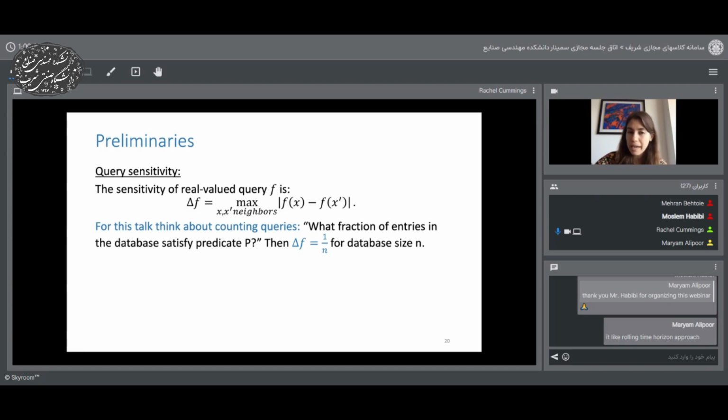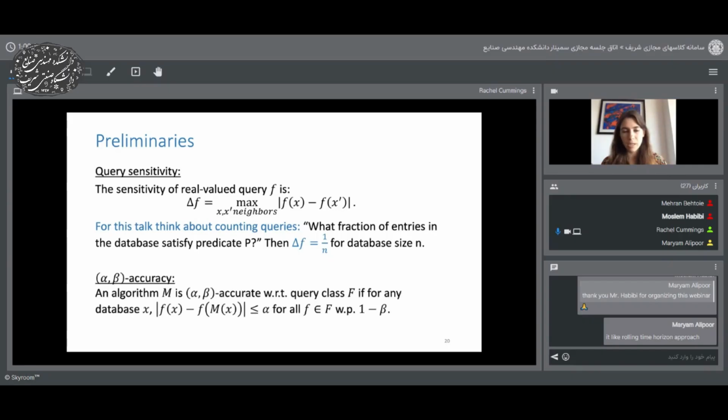And in our case, this n is going to be changing over time, and so that's a part of what makes it tricky. And we'll talk about accuracy with respect to this alpha beta accuracy notion.